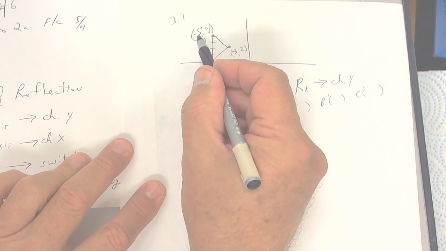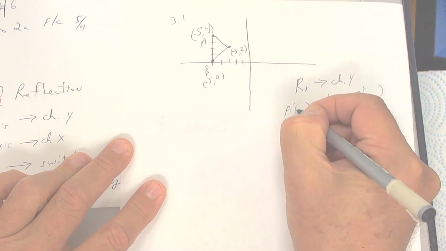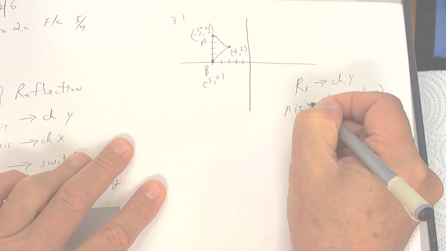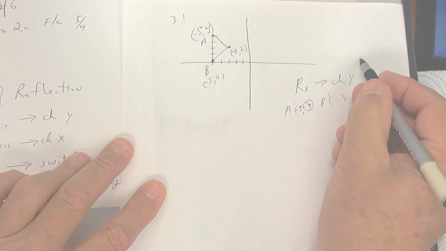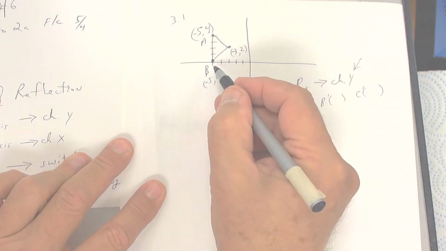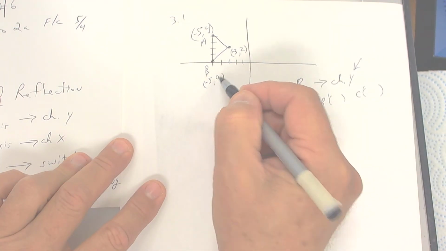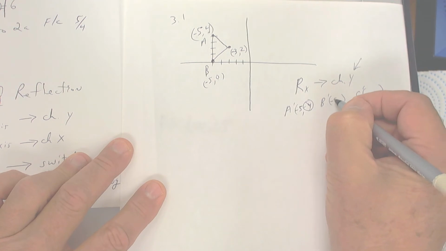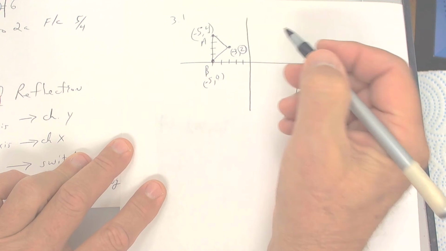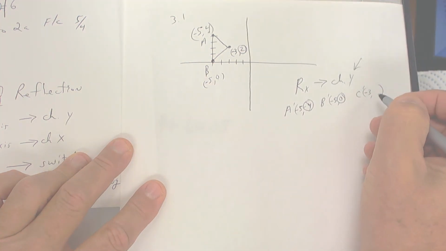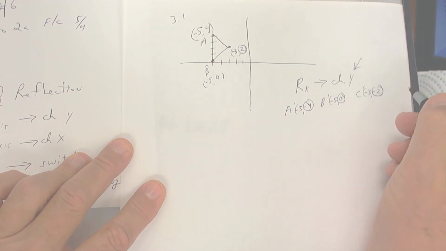So you would say -5 and -4. You only change the y. This one, B, you would change the y, but it's 0, so that's still going to be -5, 0. You can't change 0. This one, -3 is going to stay the same, but -2 changes.